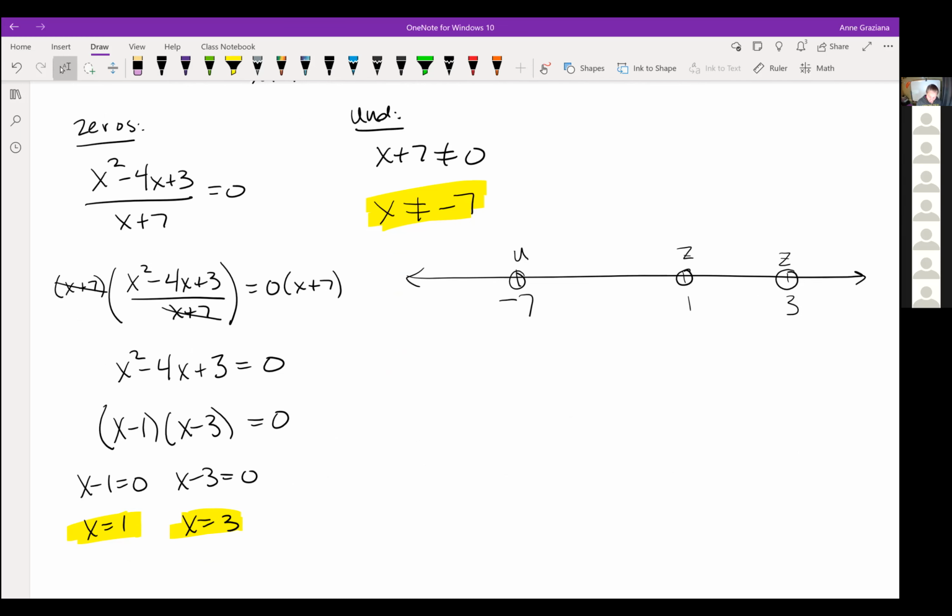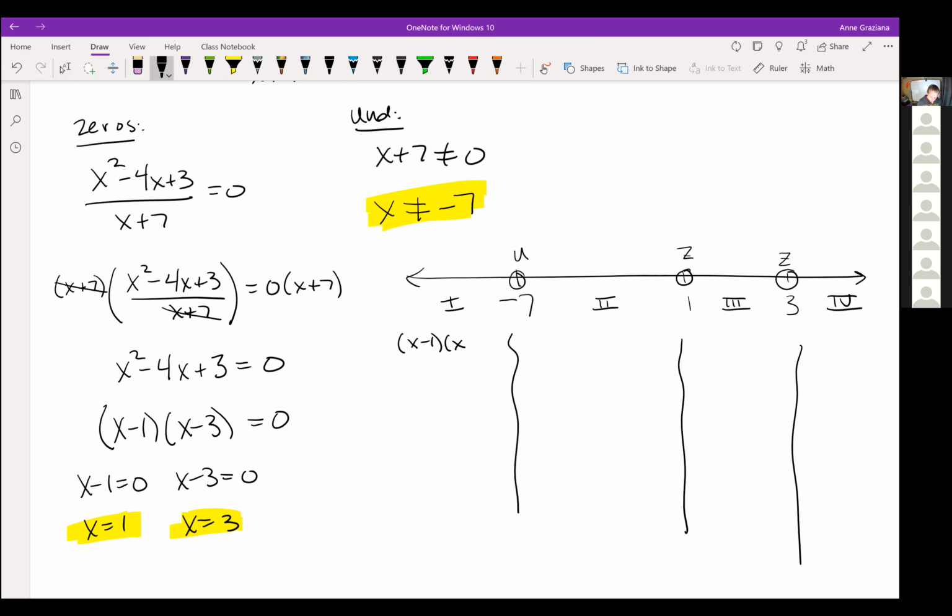All right, so I have 1, 2, 3, and 4 regions. So I have x minus 1 times x minus 3 over x plus 7. This is what I'm plugging into each time.